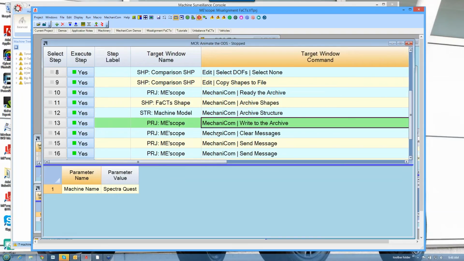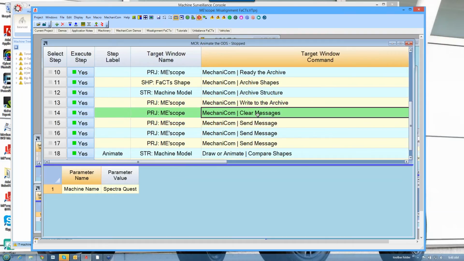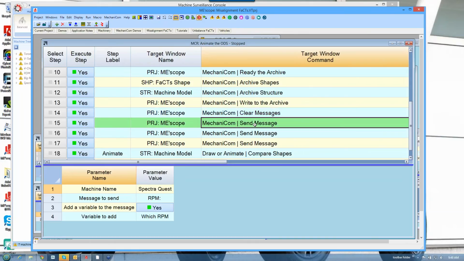Now here are some more messages to the database, and we saw those in the previous case. I'm going to put up messages on the message board in console. So I'm going to send to the machine called Spectra Cress. I'm going to say RPM, which RPM? So it's going to tell me which RPM is going into the database, in other words, which order.